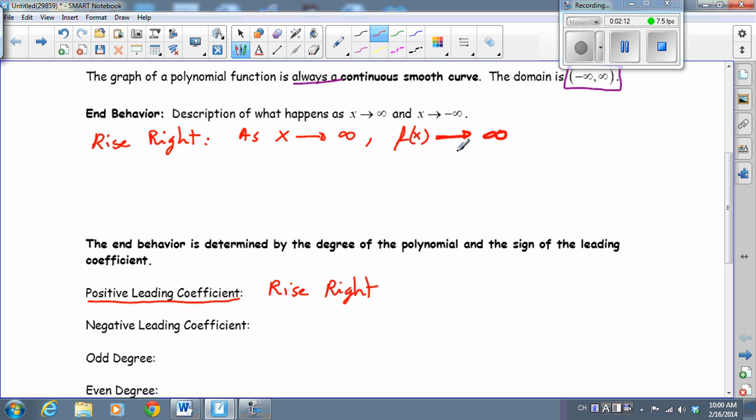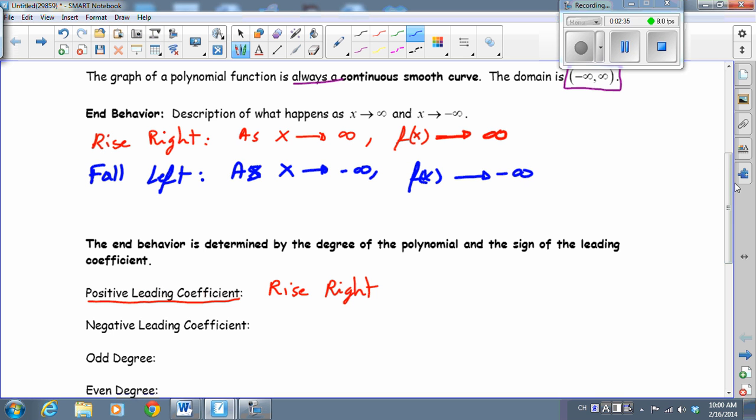That's rise right. Now, the opposite one, of course, would be if it falls left. So I will say here, fall left. Fall left will be as x approaches -infinity, f of x will also approach -infinity.